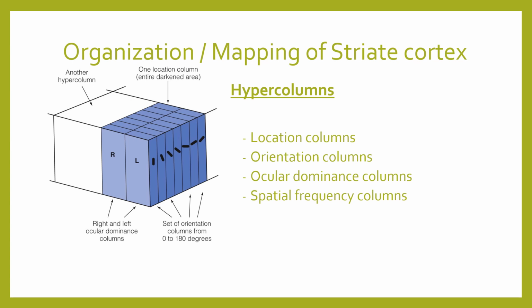And I will say we also see within those spatial frequency columns, which your textbook leaves out. There's a lot of research that looks at spatial frequency, whether something looks blurry and has a larger spatial frequency, or there's lots of fine detail and there's smaller spatial frequency. It's kind of important if you're reading in the field, so I hate to just skip it, but you don't have to know it because your author doesn't talk about it.